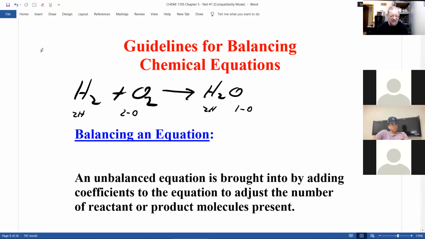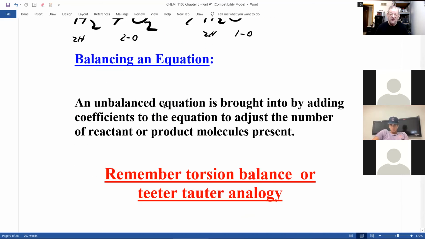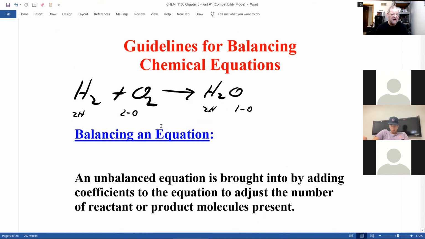An unbalanced chemical equation is brought into balance by adding coefficients. What's that? That's the number in front of the molecular element in a chemical equation.